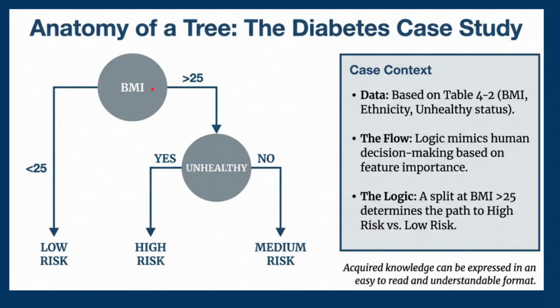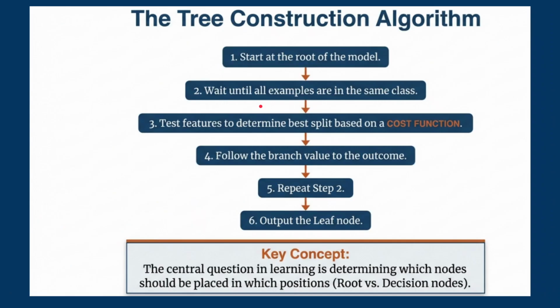So BMI greater than 25 means it is unhealthy, and if the status is unhealthy, either it is true, which is the high risk, and no is the medium risk, but BMI less than 25 is the low risk. Okay, so this is how the knowledge is acquired, and we are able to present the cases in the decision tree format.